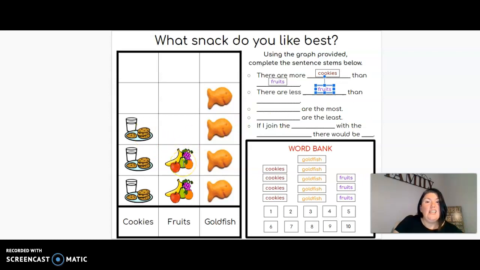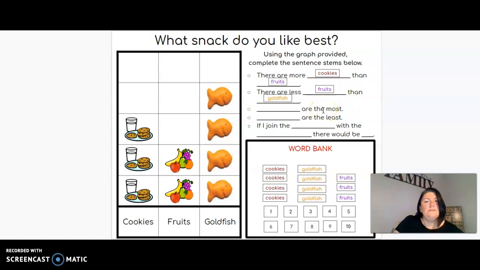But you know what? If you said goldfish, you are also right, because 2 is also less than 4. Since we used cookies on the first one, I'm going to go ahead and use goldfish on this one. So now my sentence stem says, there are less fruits than goldfish.